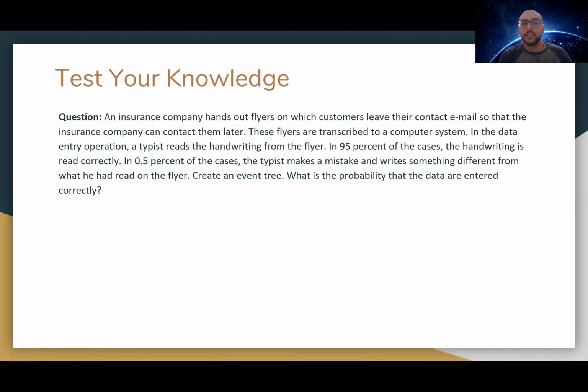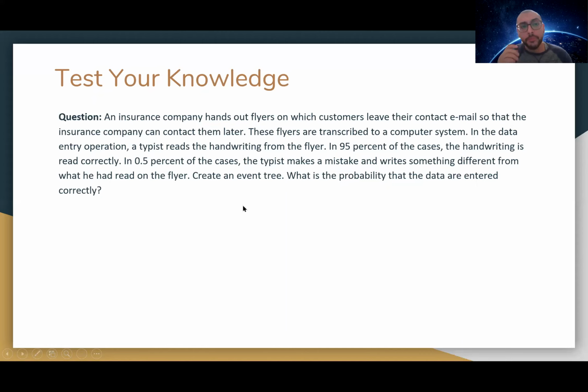These flyers are transcribed to a computer system. In the data entry operation, the typist reads the handwriting from the flyer. In 90% of the cases, the handwriting is read correctly, and in 0.5% of the cases, the typist makes a mistake and writes something different from what he had read on the flyer. Create an inventory, and what is the probability that the data are entered correctly.